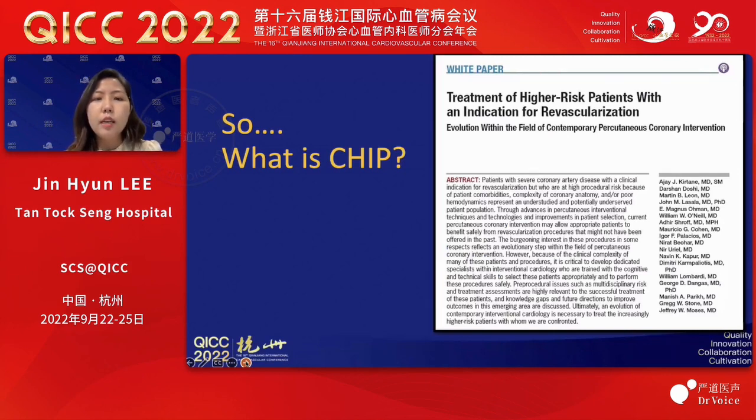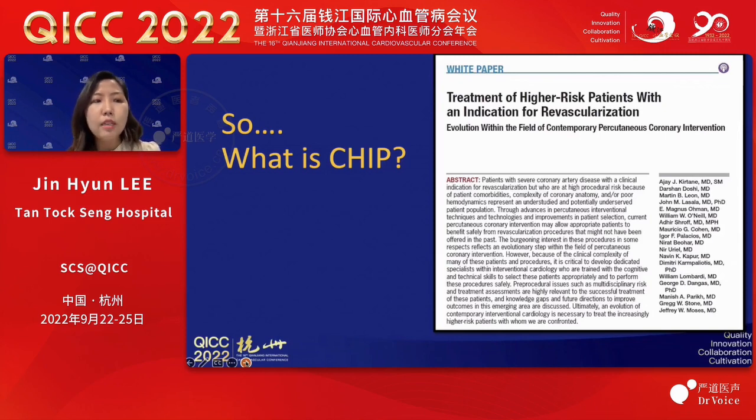So it was given a name as CHIP for high-risk PCI cases, first in the white paper that was published in 2006 by Courtney. And this describes it as complex, higher risk, and clinically indicated patients. So they define this CHIP population as not only patients with complex coronary anatomy, but also with significant medical comorbidities and adverse hemodynamics.